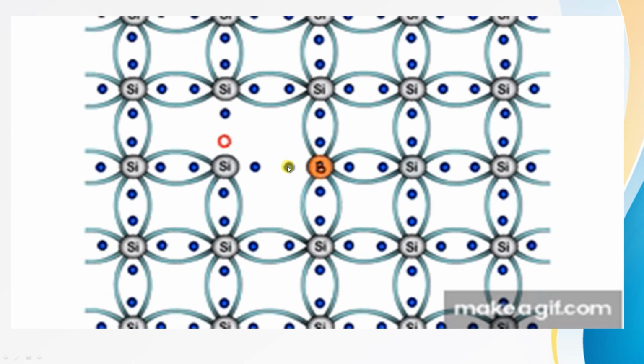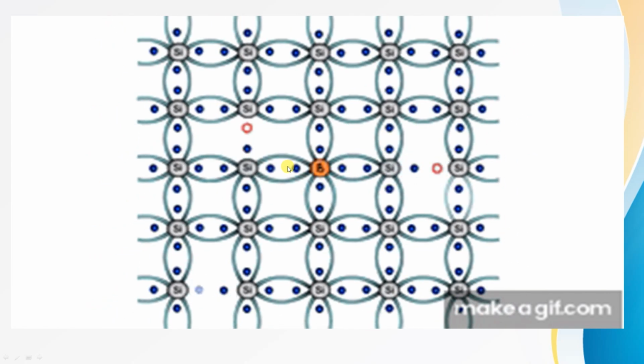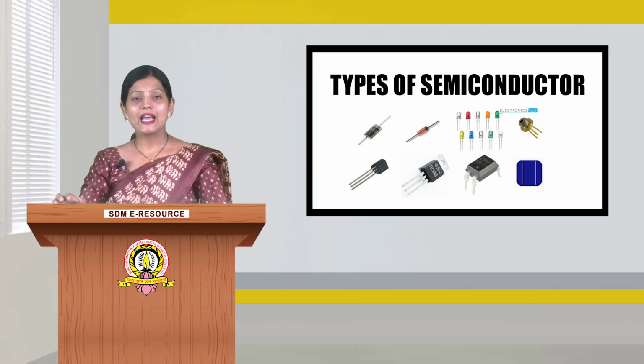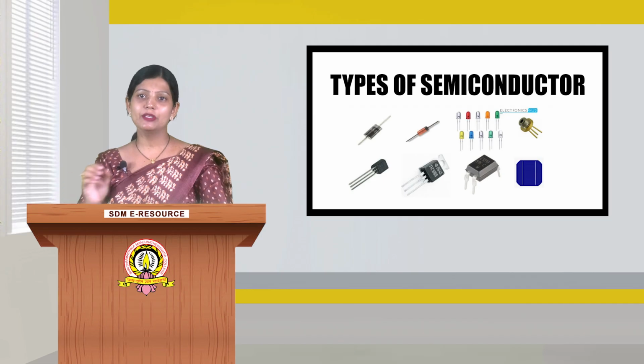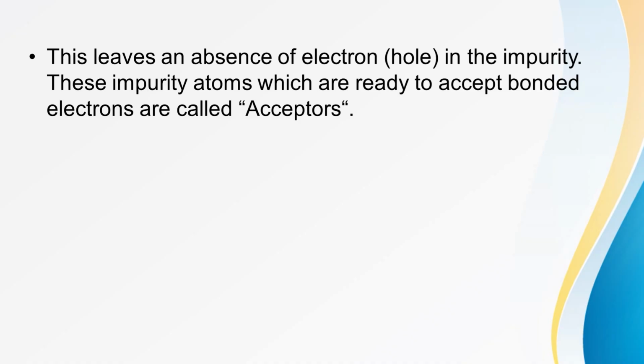But the conductivity is enhanced mainly due to the holes, which are the positive charge carriers. As we have observed, this leaves an absence of an electron in the impurity. These impurity atoms, which are ready to accept the bonded electrons, are called acceptors. In N-type semiconductors, the impurity atom donates an extra electron, while in P-type semiconductors, the impurity atom accepts the neighboring electron.